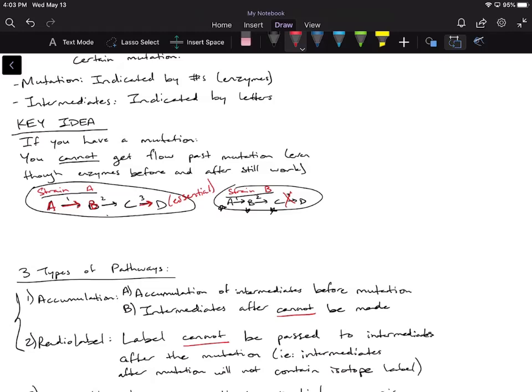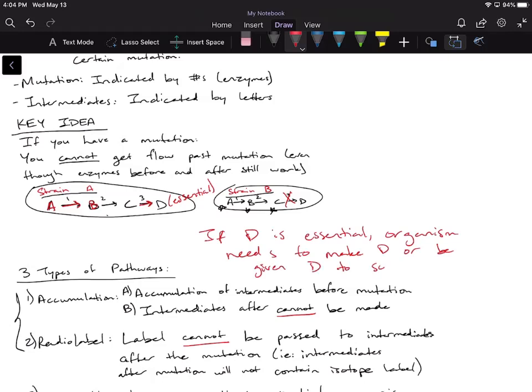What essential means is that strain A needs to produce D, otherwise the strain is going to die. So if D is essential, the organism needs to make D or be given D to survive, okay?